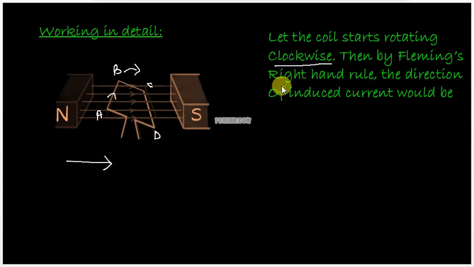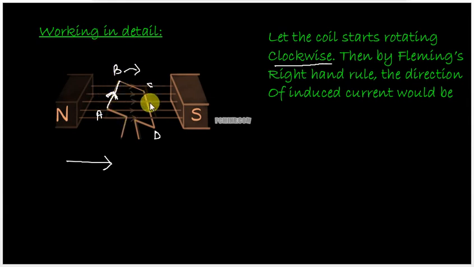Then according to Fleming's right hand rule, if you hold your right hand, you stretch your thumb upwards to show the movement of the coil in the clockwise direction, and the forefinger points in the direction of the magnetic field, then you would notice that the middle finger, which gives the direction of current as per Fleming's right hand rule, would indicate the direction of current in the arm AB to be along this direction where I've marked the arrow.